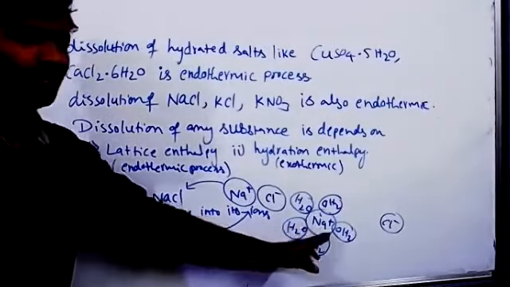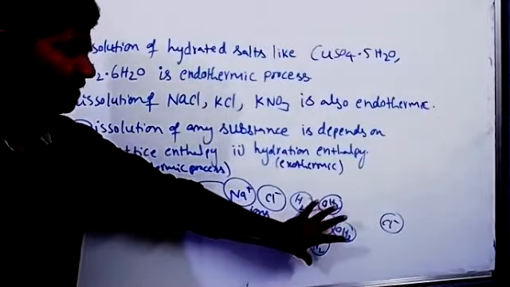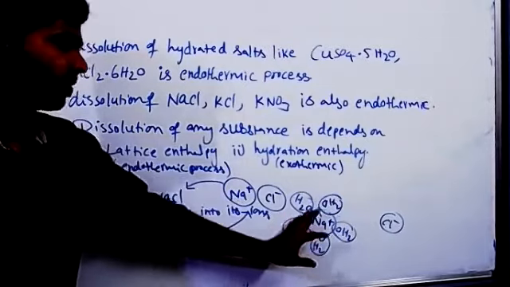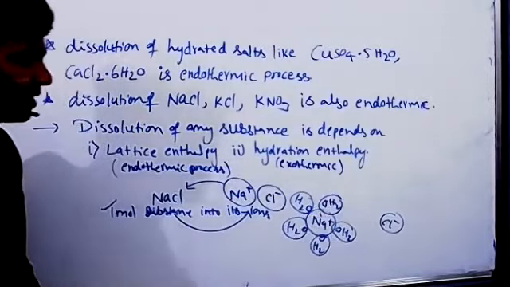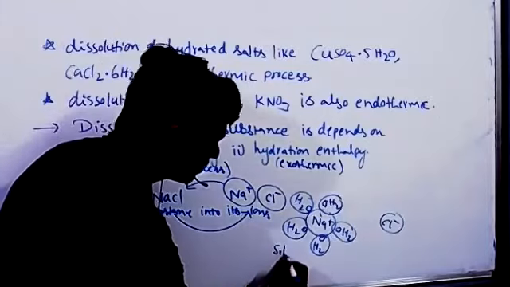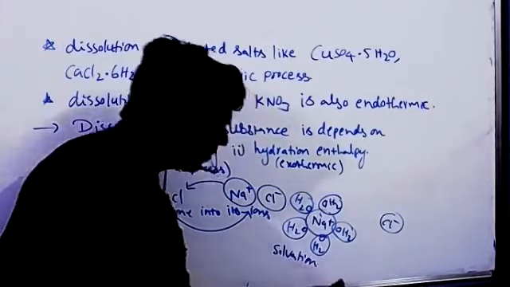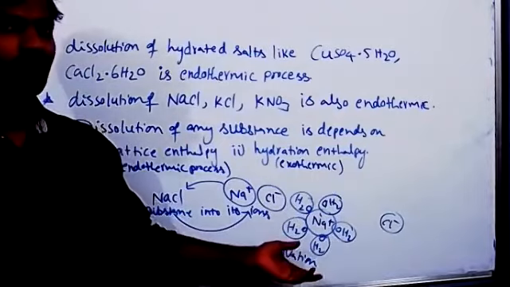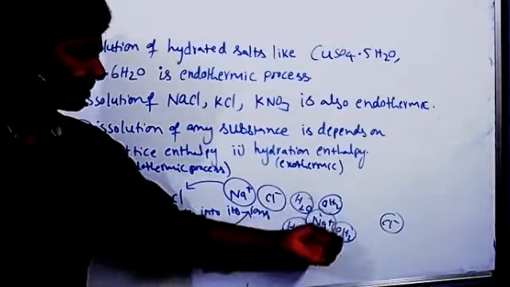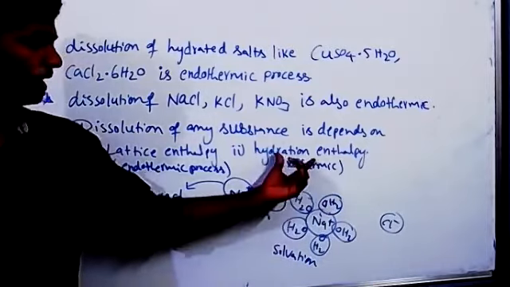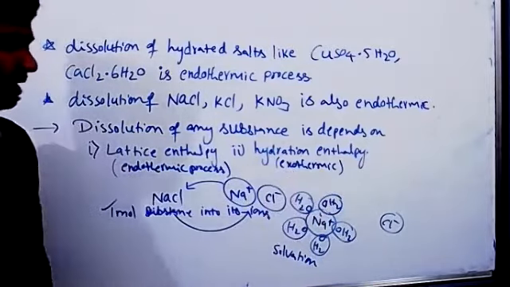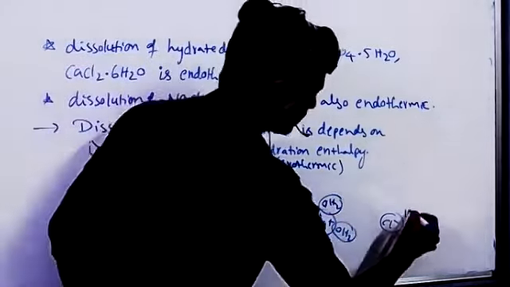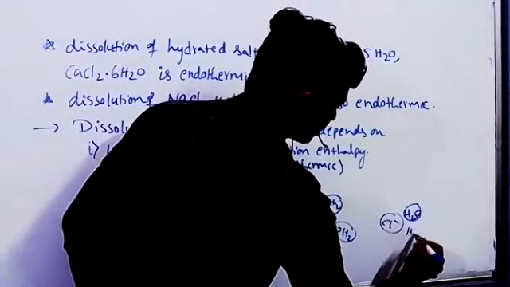Here it's not forming any chemical bond, just a physical interaction between Na plus ions and water molecules. We can also call it solvation. If more water molecules surround the ion, there is a higher amount of solvation. During this process some energy is released, called hydration enthalpy or hydration energy. Cl minus ion is also surrounded by some water molecules.